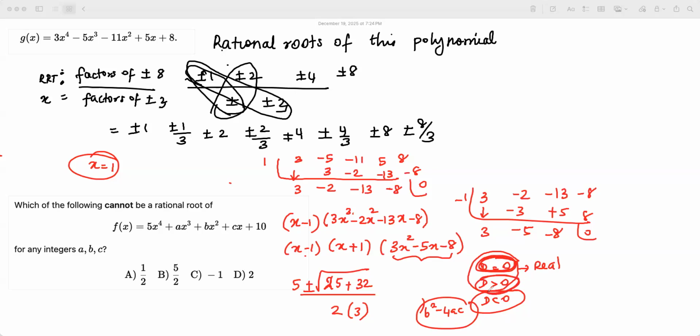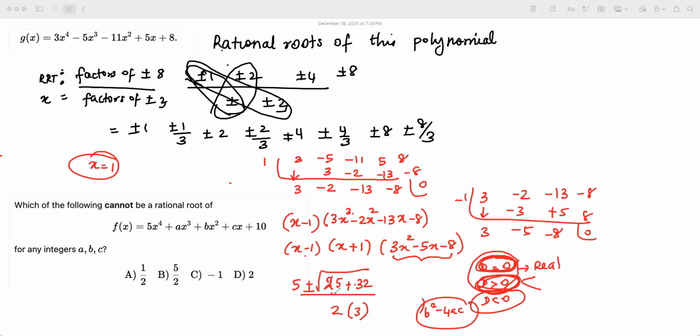If it is greater than 0, there will be two cases, right? If D is a perfect square, then it is a rational root. Here, it's not a perfect square, so it is a real irrational root.